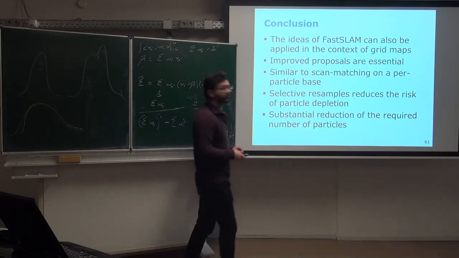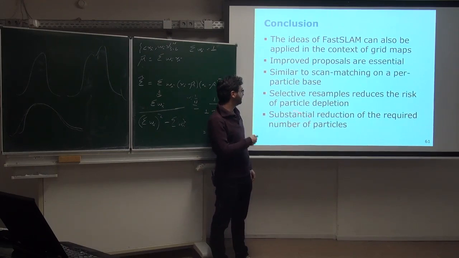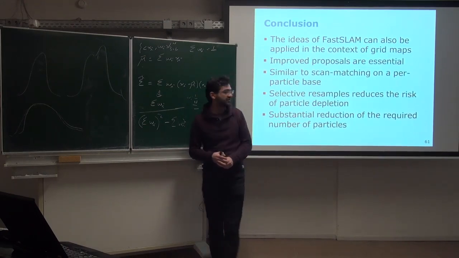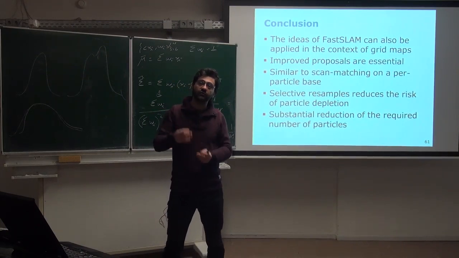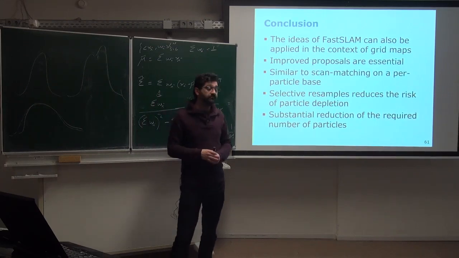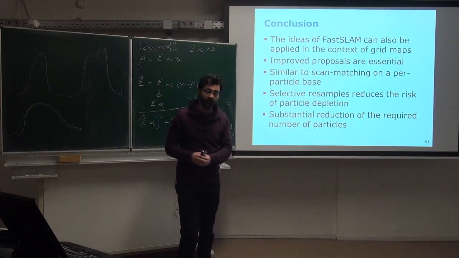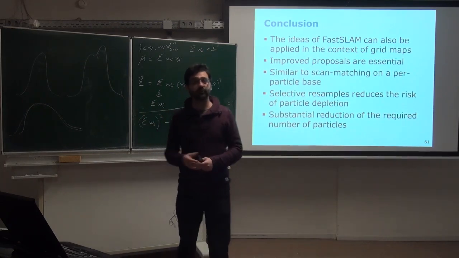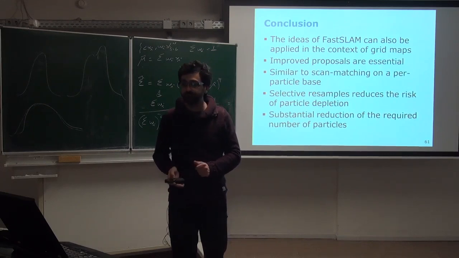We have also seen that all these techniques result in a substantial reduction of the number of particles that we need for the final estimation problem. Therefore, we are able to store all the maps in a modern computer, and we don't have too much problem with memory requirements.